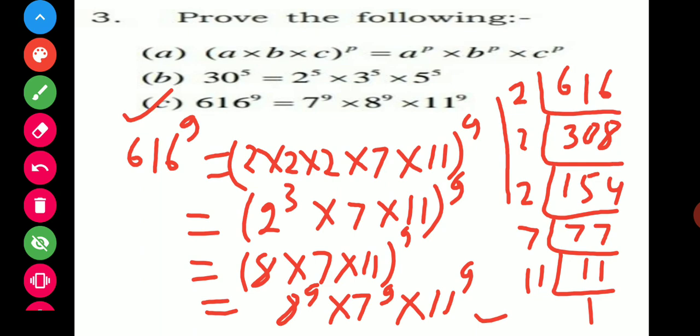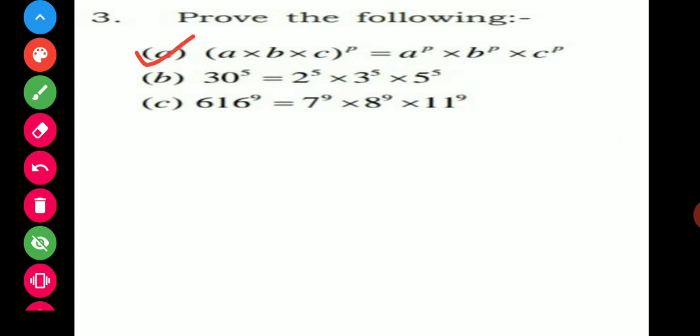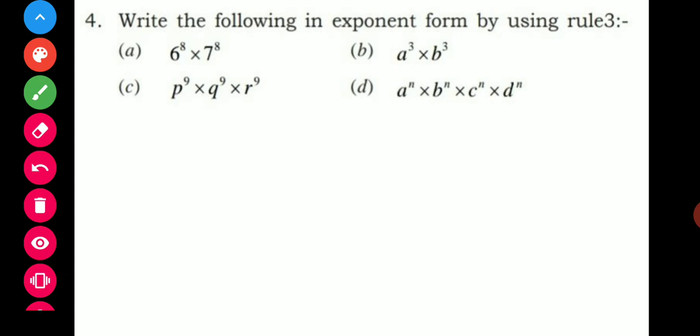So only one part is for your homework, so you can do it very well. That is the first part. Now come to the fourth question, and the fourth question is: write the following in exponent form by using rule 3. I told you Rule 3, we have to take them separately.